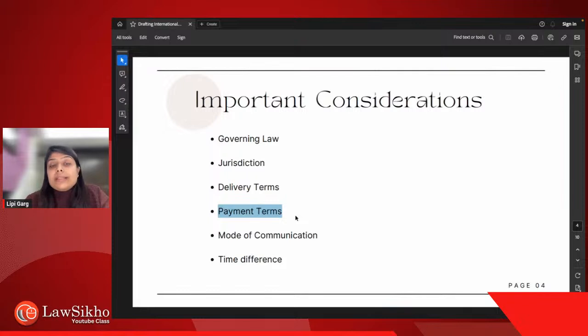Who will be bearing all the taxes? Then the currency rate, like what will be the currency rate to which you guys are agreeing, right? So payment terms is that. And which currency rate are you considering in your contract? Let's say the US dollar price is 80 rupees today when you are signing the contract.